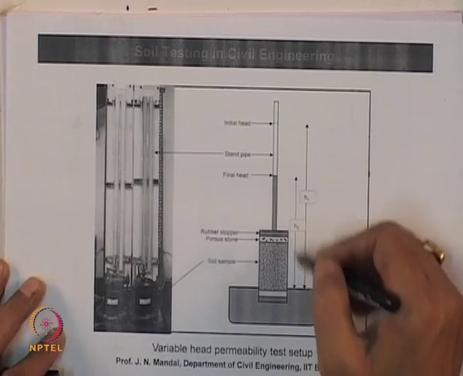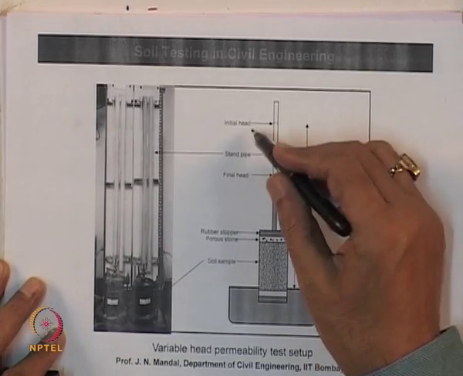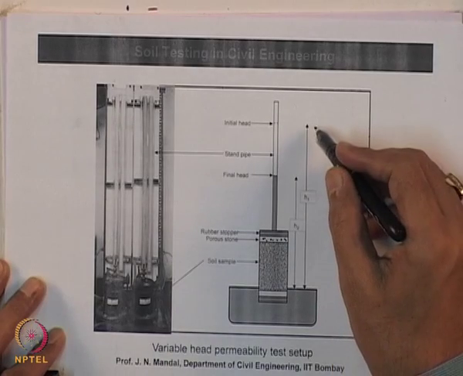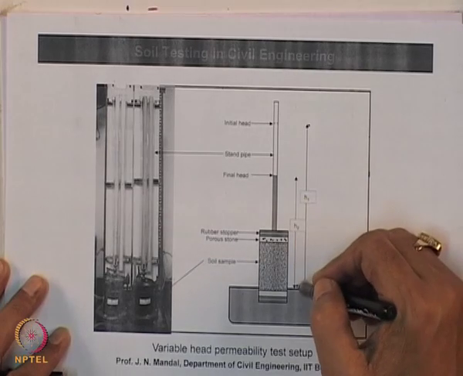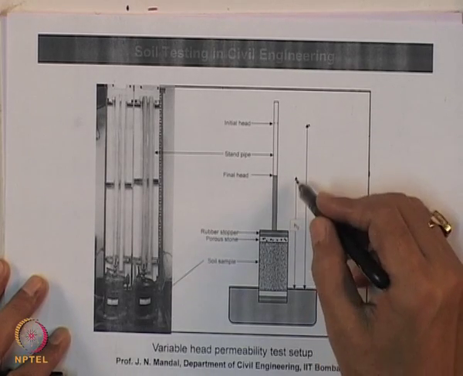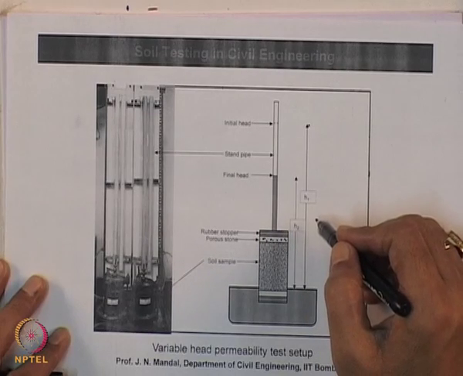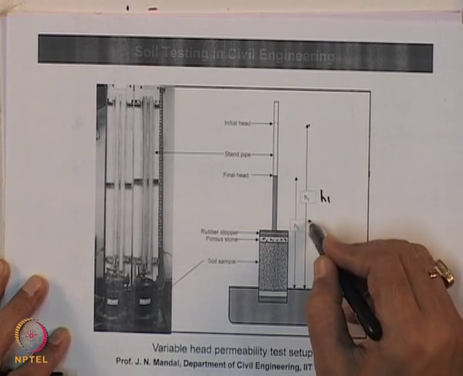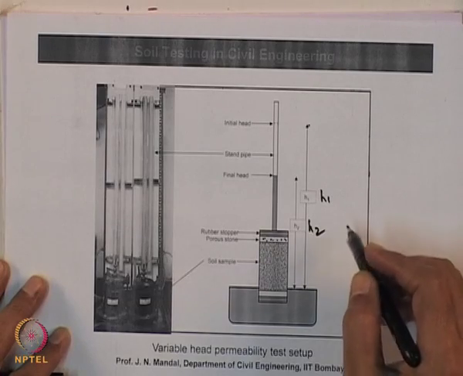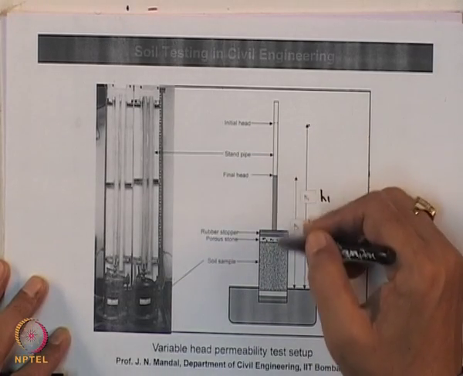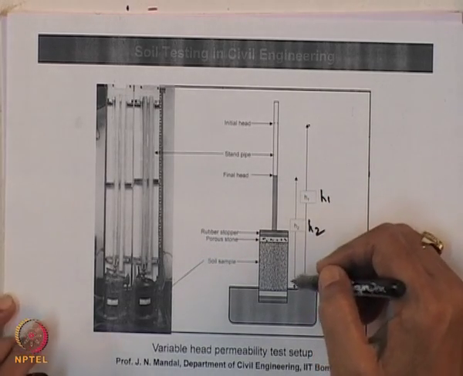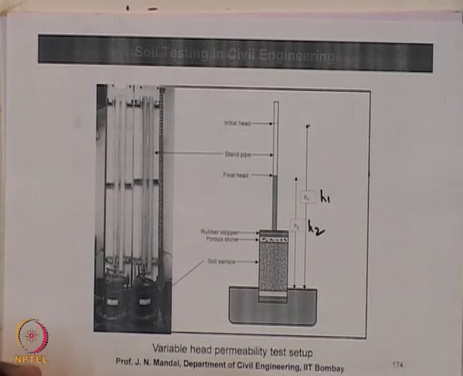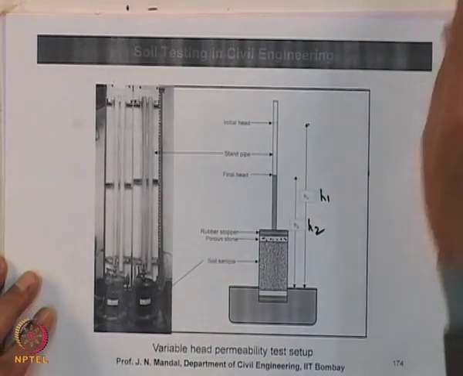Because it is a variable head, the initial head here is, let us say, H1, and the final head from here to here is H2. So this is H1 and this is H2. Water can pass through this soil sample for the variable head, and you can calculate the coefficient of permeability for the variable head test.